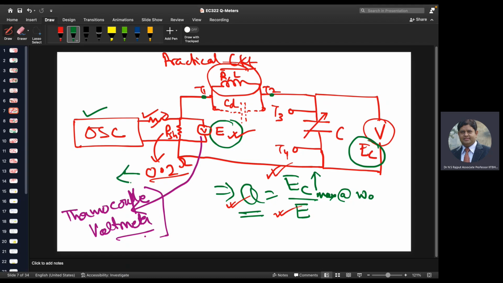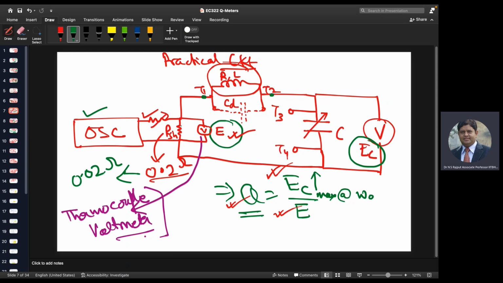Generally the value is in the range of 0.02 ohms to 0.2 ohms. It is much less, and whatever voltage is generated or applied across this R shunt, there will be heat dissipation, right?